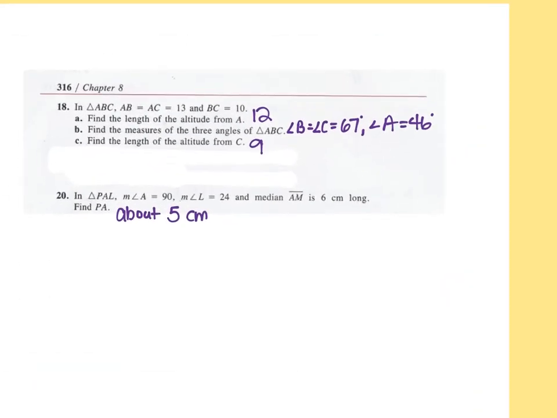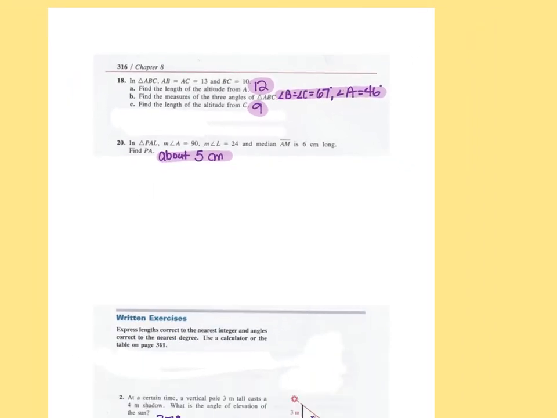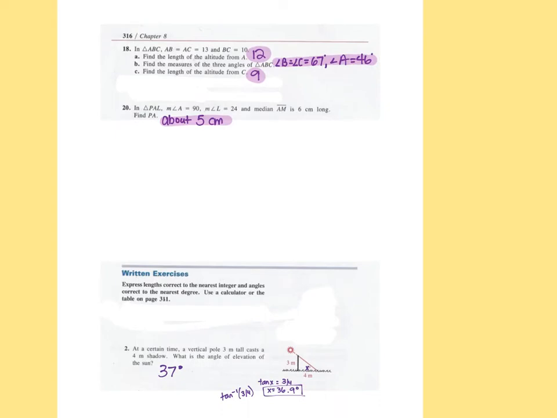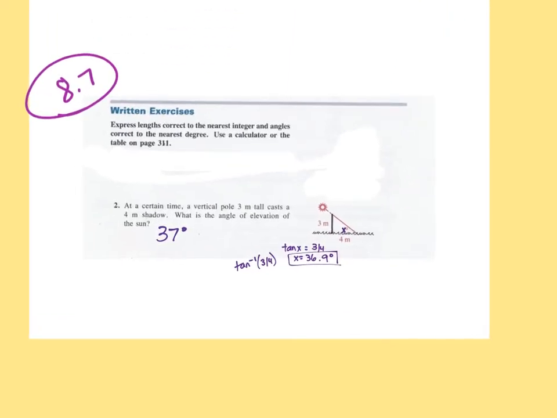All right, 18, A, 12. B, angle B and C are both 67, and angle A is 46. C is 9. 20 is about 5 centimeters. So it didn't say what to round to. And then this starts 8.7. Two is 37 degrees.